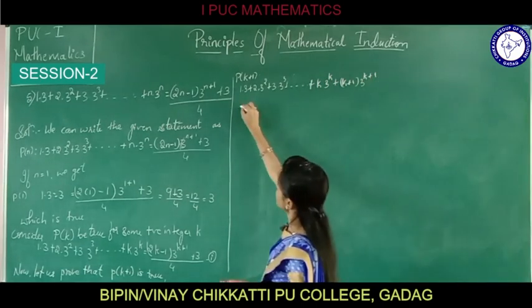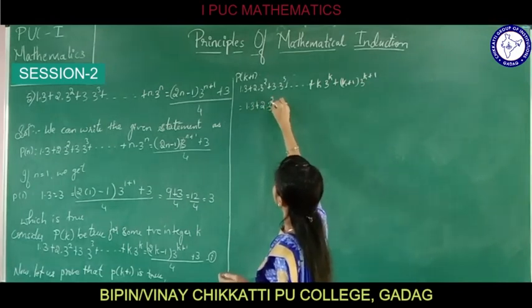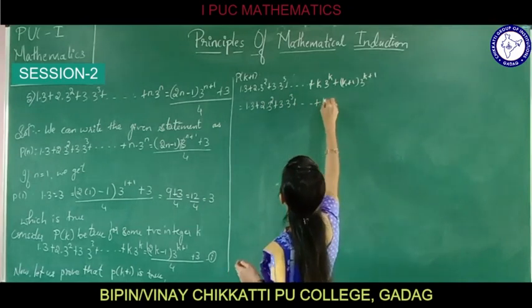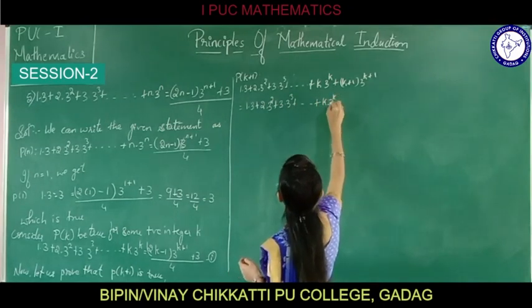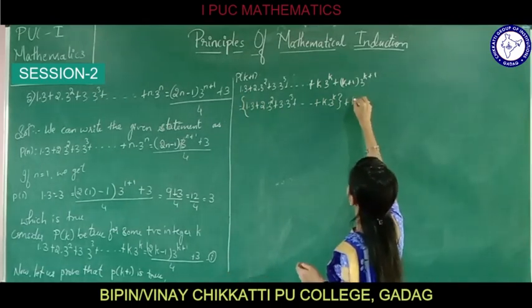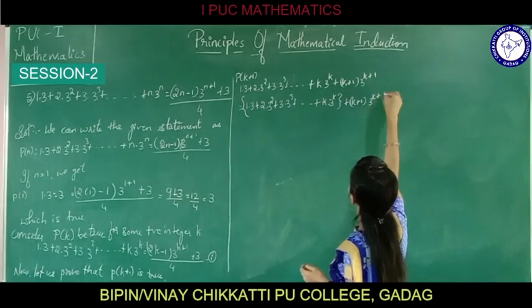This can again be written as 1 into 3 plus 2 into 3 square plus 3 into 3 cube so on up to k into 3 raised to k plus k plus 1 into 3 raised to k plus 1.